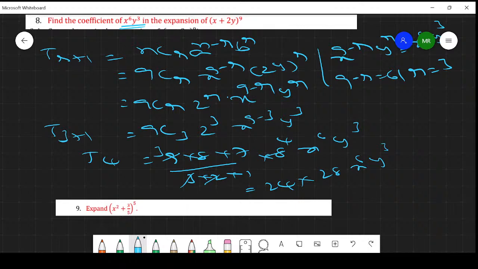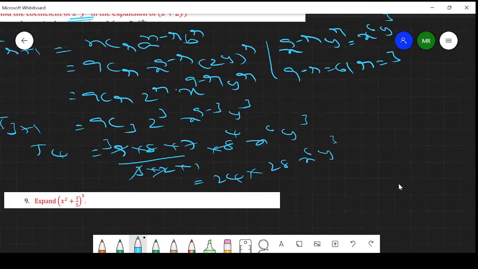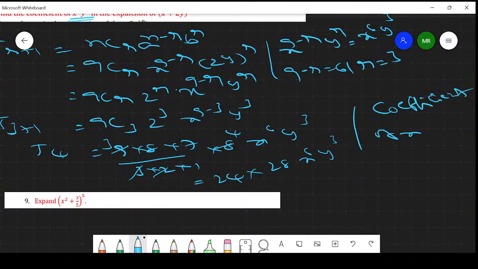Therefore, by conclusion, the coefficient of x power 6 y cube is equal to 24 into 28.